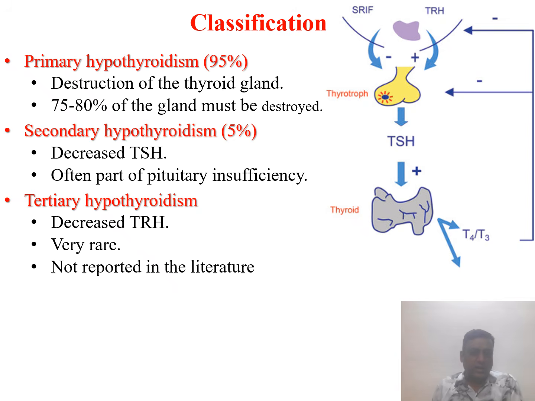Tertiary hypothyroidism, with decreased TRH, is very rare and not reported in the literature, but theoretically we can suspect or expect tertiary hypothyroidism cases. However, references are not available in the veterinary literature.